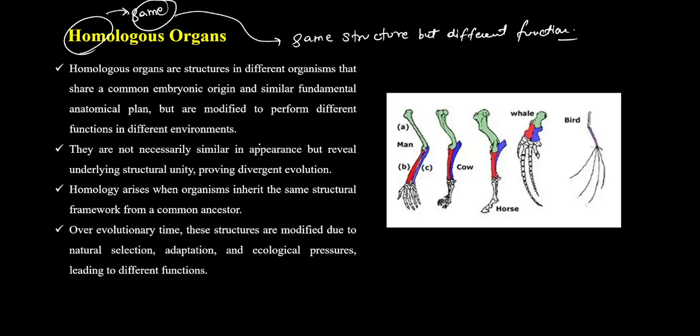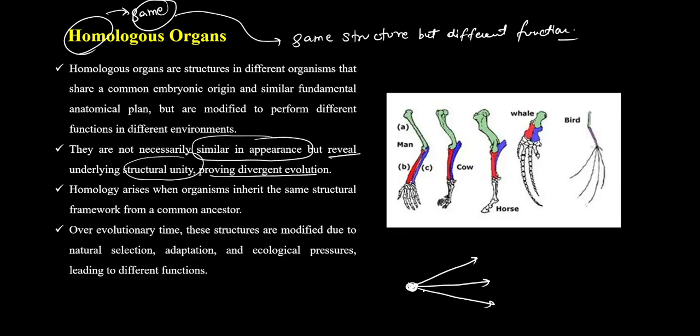They are not necessarily similar in appearance but reveal underlying structural unity, proving divergent evolution. Let's suppose here are species 1, 2, 3 and 4.